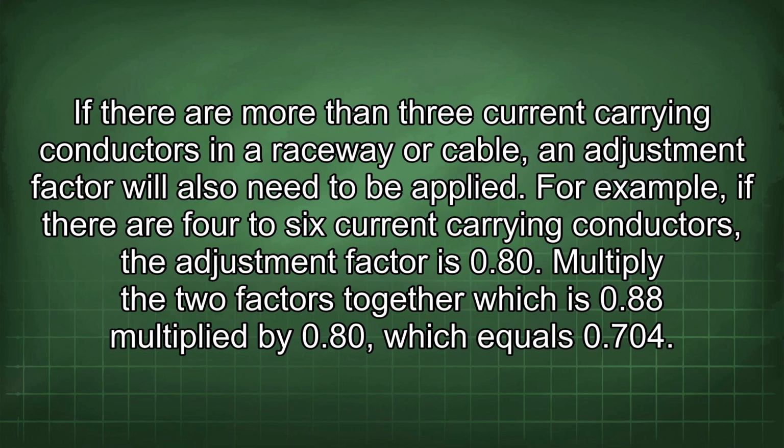If there are more than 3 current-carrying conductors in a raceway or cable, an adjustment factor will also need to be applied. For example, if there are 4 to 6 current-carrying conductors, the adjustment factor is 0.80. Multiply the two factors together, which is 0.88 multiplied by 0.80, which equals 0.704.